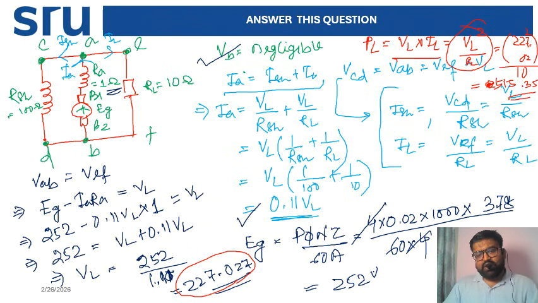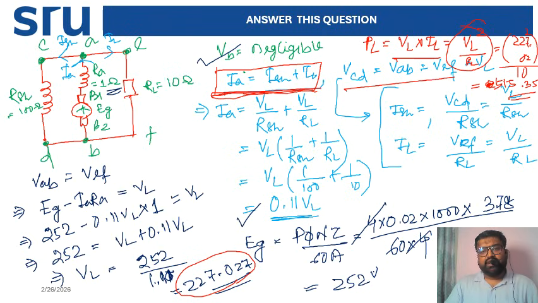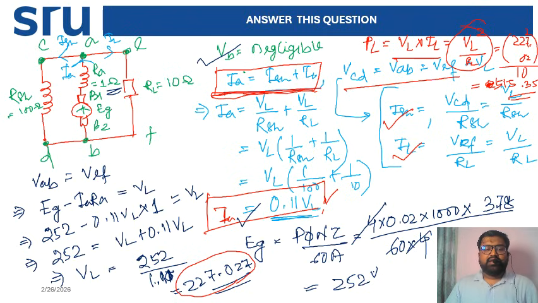Initially you have to write down the current equation, but the voltage values are not given. For that, we find out the relation that all voltages are equal. From these voltages, first find out the shunt current and load current. Then if we add, we get a relation that armature current is equal to 0.11 VL. Once we get the armature current, if we compare the armature voltage drop as equal to the load voltage drop, then there is a formula: Eg minus IARA equal to VL.